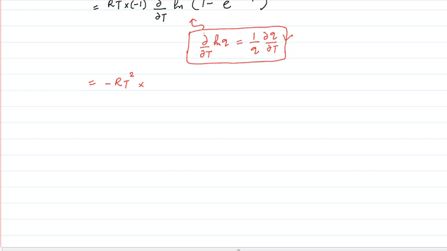So this is 1 minus e raised to the power, that means 1 upon Q, we will write it as 1 upon 1 minus e raised to the power minus θ vibrational upon T, into ∂/∂T of 1 minus e raised to the power minus θ vibrational upon T. So simply we have used this in the above ln of Q, and the differential of ln of Q will be equal to simply this much.